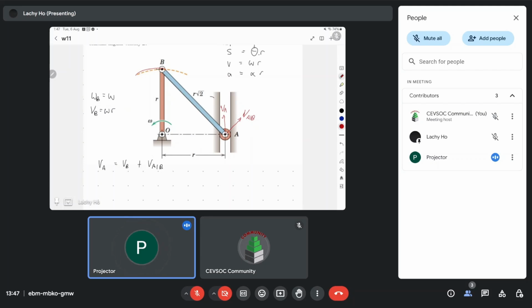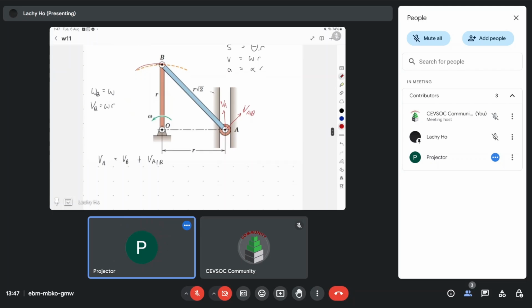Okay, so yeah, let's have a look at that. So the velocity of A relative to B is equal to this AB block moving in circular motion.